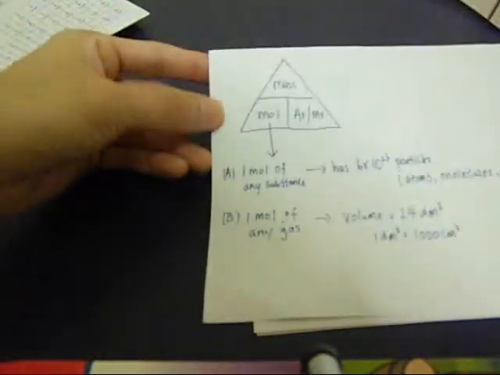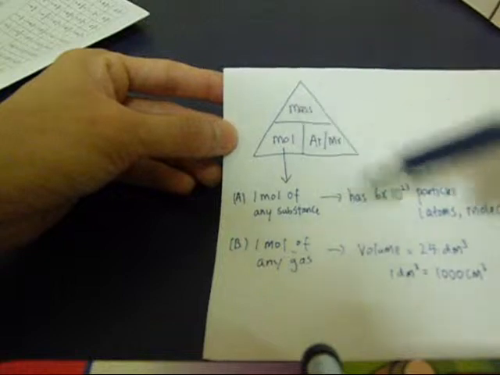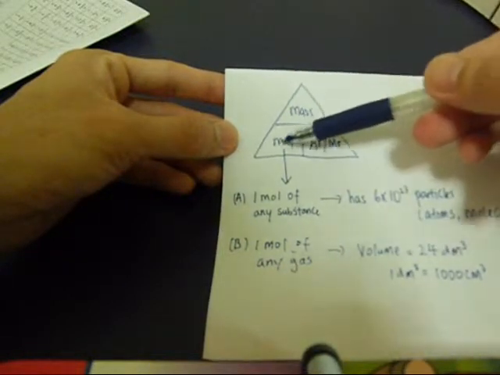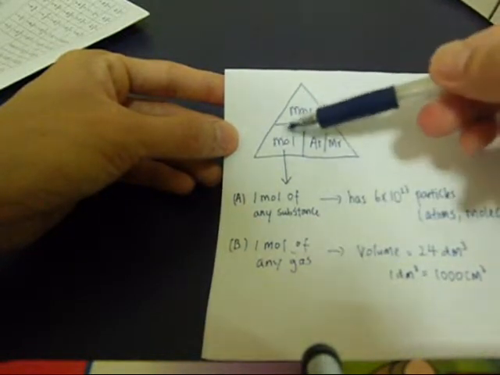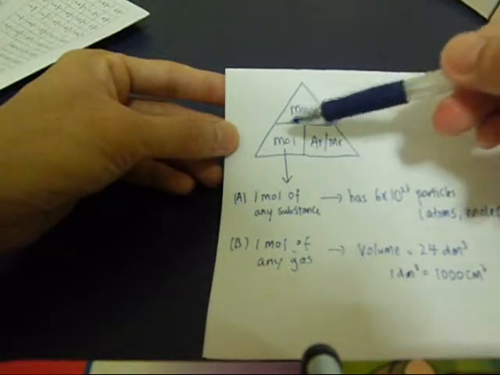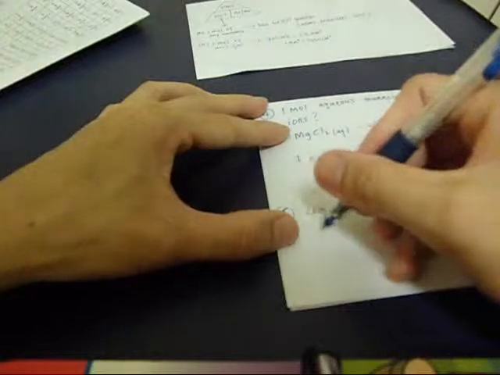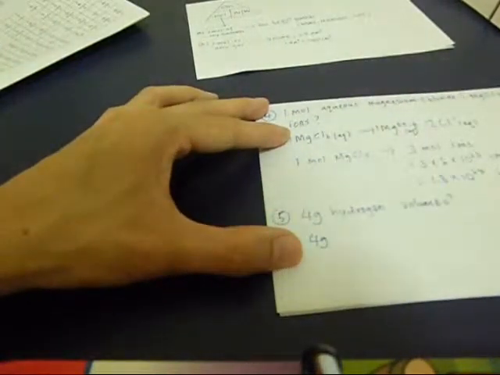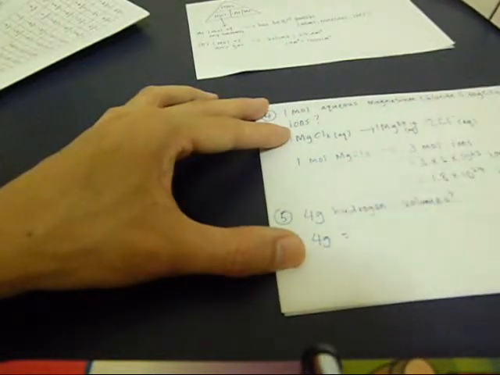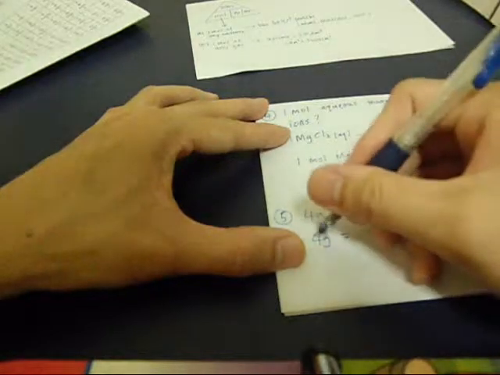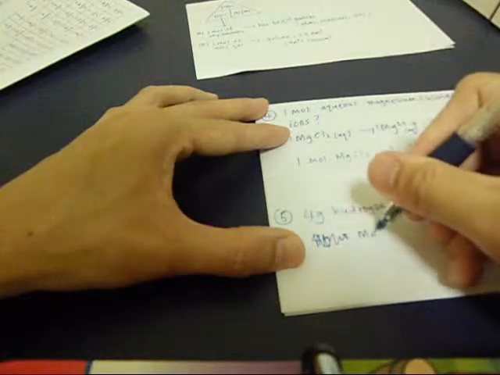In order to go from mass to volume, you have to go through mole. So you have to find out how many mole there are in 4 gram of hydrogen.